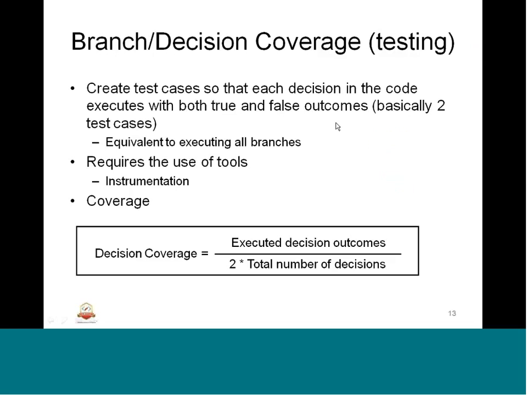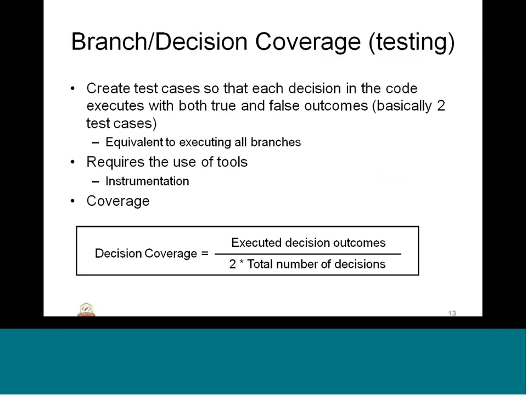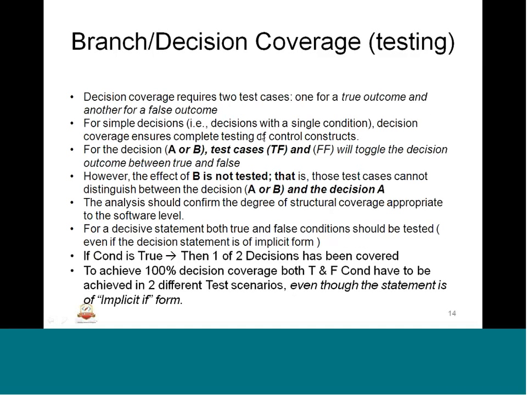Further, decision coverage requires two test cases, one for the true outcome and one for the false outcome. For simple decisions, that is decisions with a single condition, decision coverage ensures complete testing of control constructs. For the decision A or B, test cases true-false and false-false will toggle the decision outcomes between true and false. So we have reached that.